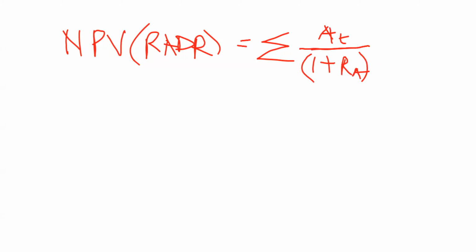That is NPV for risk-adjusted, given as the summation of C, all over 1 plus RA, in brackets, raised to power T, starting from 1 to N, minus C0.